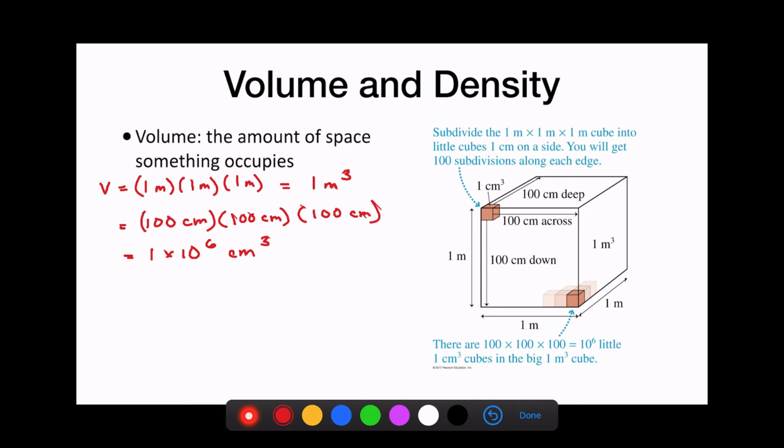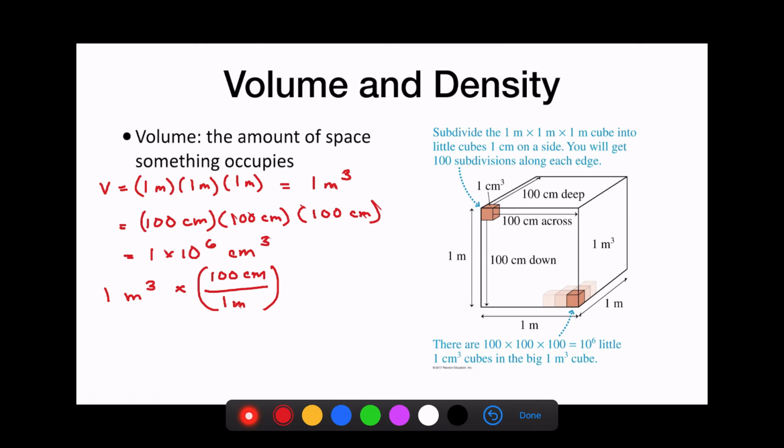The SI unit for volume is meters cubed, so you do need to know how to convert back and forth between them.